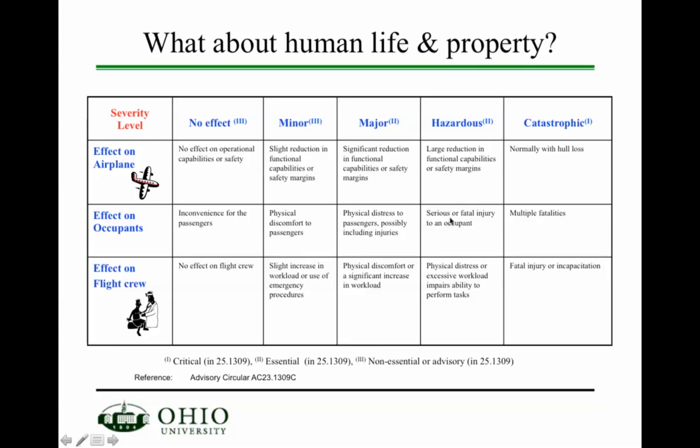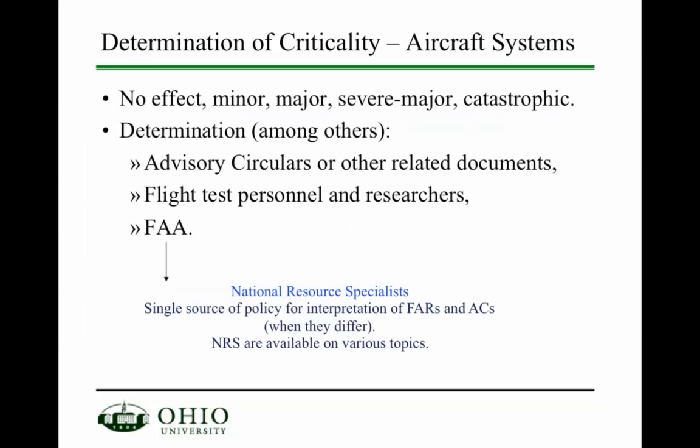There may be some serious injury or even fatal injury to an occupant, and catastrophic means you're going to lose multiple lives. So you see there is an increase in severity here. When you look at a system and what it means for the system to fail, what consequences it may have, you can use this table to establish the failure classification for this particular system.